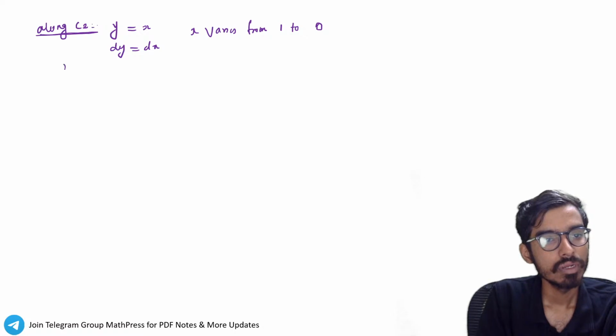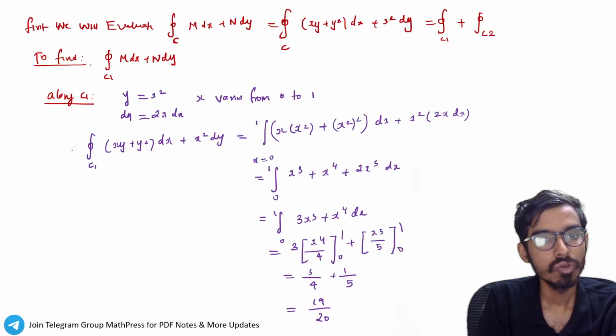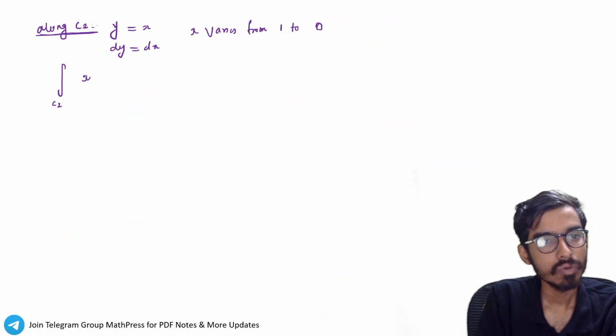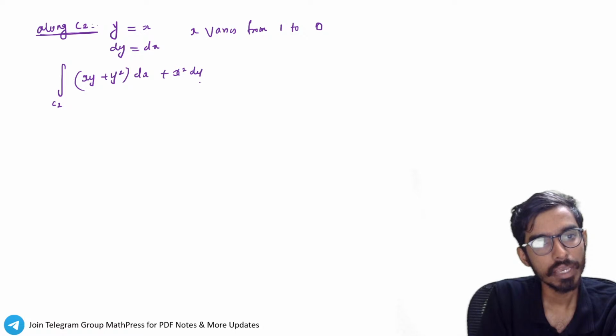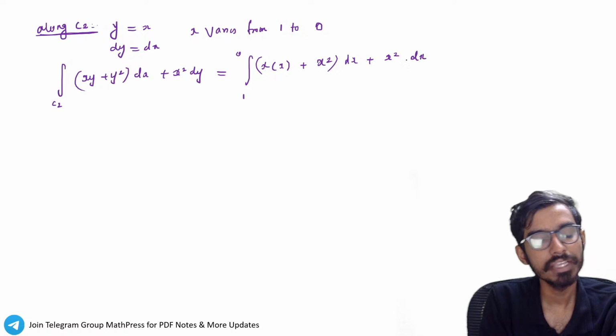So therefore, the integral over C2 of (xy + y²) dx + x² dy is equal to x varying from 1 to 0 of x into y, which is x, plus y², dx plus x², and what is dy? dy is dx, right?